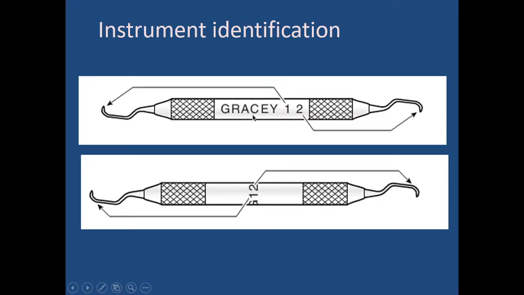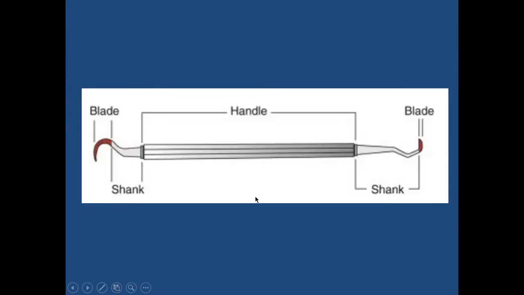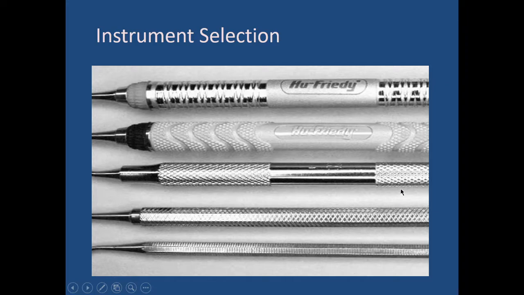Gracey is a type of instrument, and its country is also printed on the instrument, and then its size. This is size number 1, and this is size number 2, in a linear or a horizontal manner like this. This is the handle. Each instrument is composed of a handle, a shank and a blade.